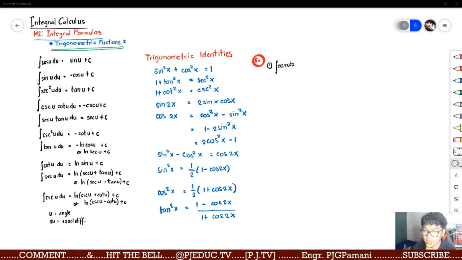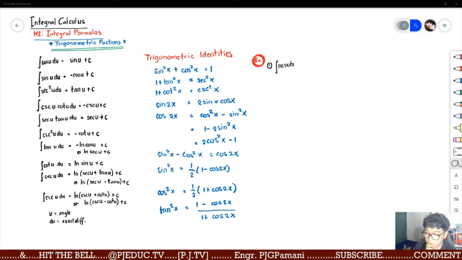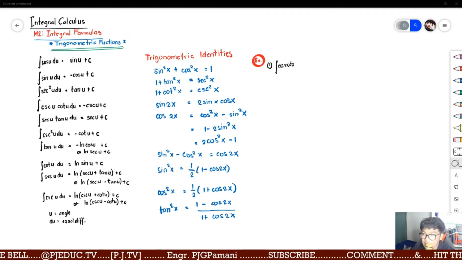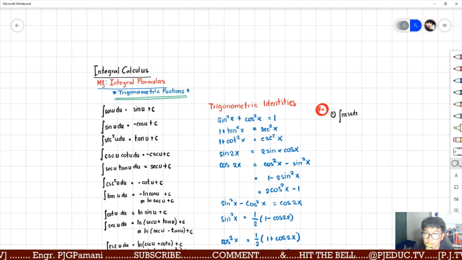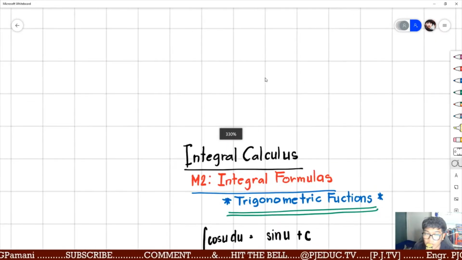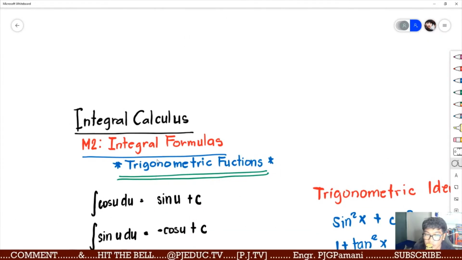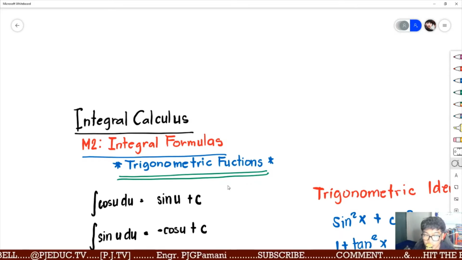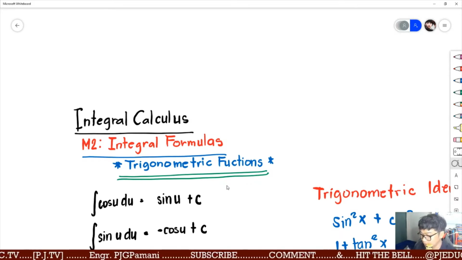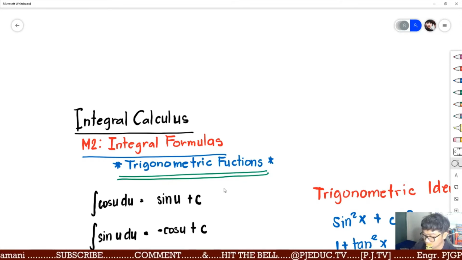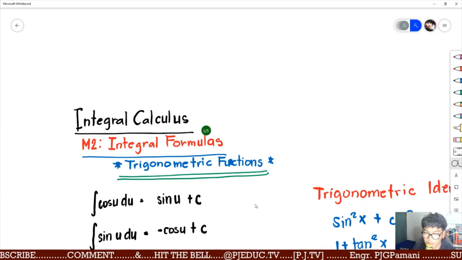Continuation, this is now still part of our lecture for module number 2, which is integral calculus. So this time, diretso tayo sa fourth part of integral formulas, which is in terms of trigonometric functions.